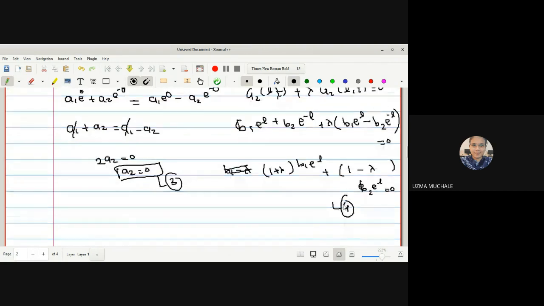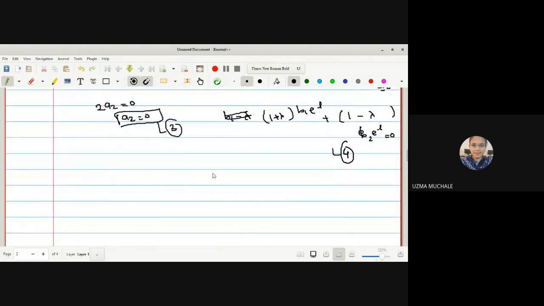Right. Now whatever equations we have, we have to evaluate those equations. Now in equations 1 and 2, what we will do? We will substitute b1 minus a1 as some constant c1, and b2 minus a2 as another constant c2.